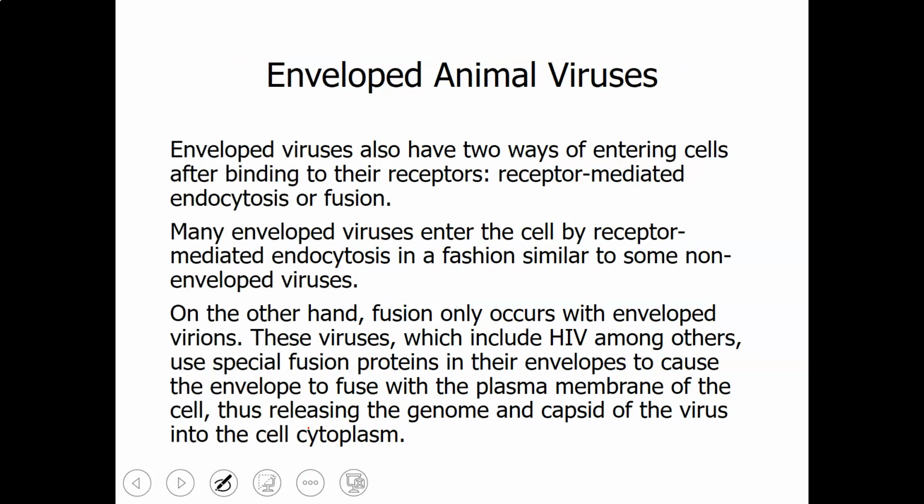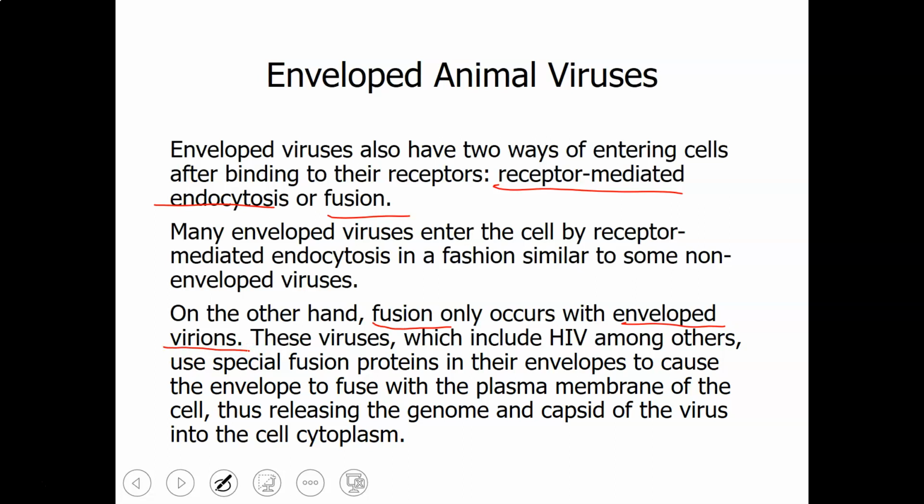Now, enveloped animal viruses also have two ways of entering. They can enter by either receptor-mediated endocytosis or a process called fusion. The receptor-mediated endocytosis is very similar to how non-enveloped viruses enter, but fusion can only happen if the virus is enveloped.